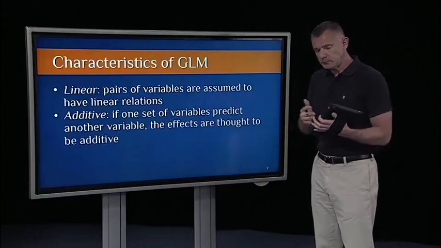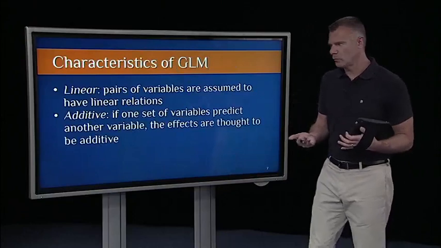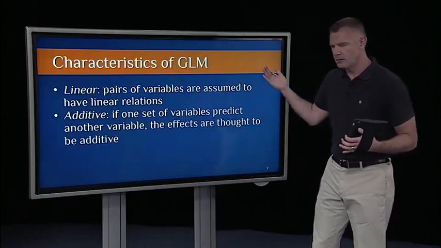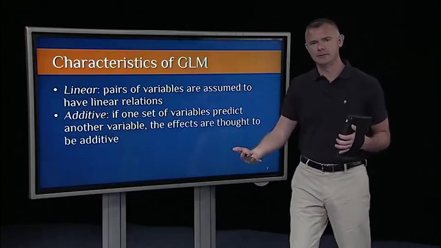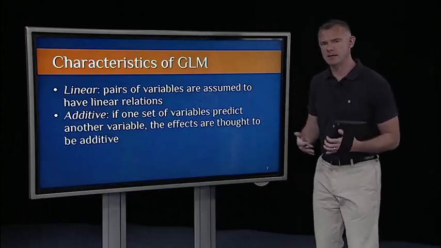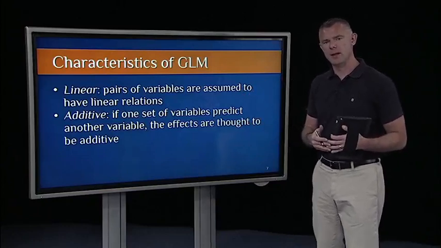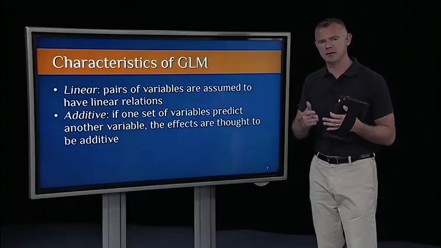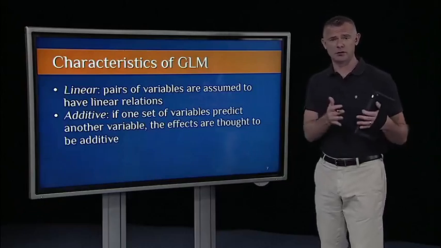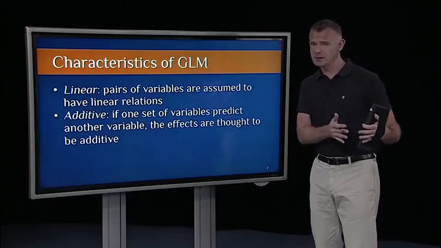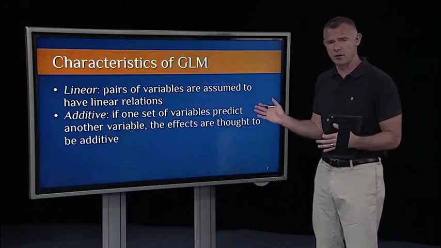The main assumptions, of course, were that the relationship between the predictors and the outcome were linear and that they were additive. That's the main gist of the GLM. We covered that in the context of multiple regression and then again in ANOVA. Remember, ANOVA is just a special case of regression, a special case of the GLM where the predictors are orthogonal.